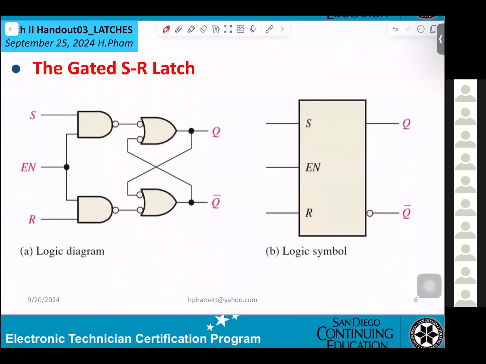They're talking about a gated latch. This is the symbol. This is the circuitry inside that symbol.